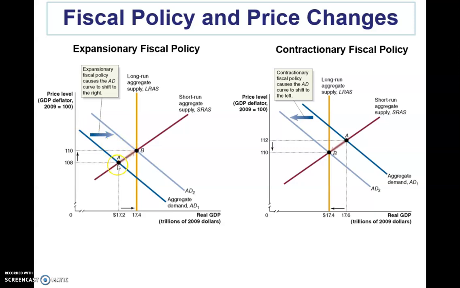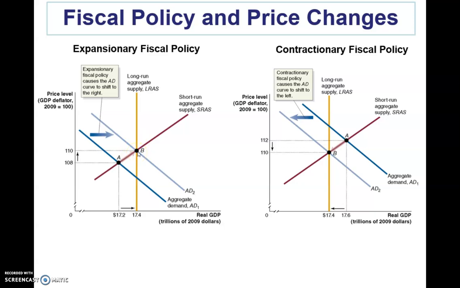Now look what happens. Ultimately, the goal is going to be to get from A to B. That is, we want that new aggregate demand curve to align with the short-run aggregate supply curve at potential. In essence, this short-run equilibrium A becomes this short-run equilibrium B because of the expansionary fiscal policy.